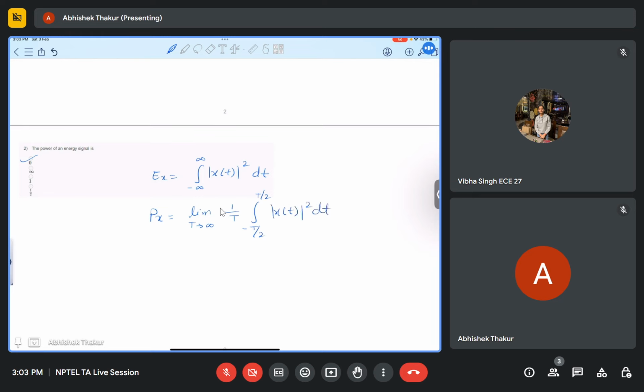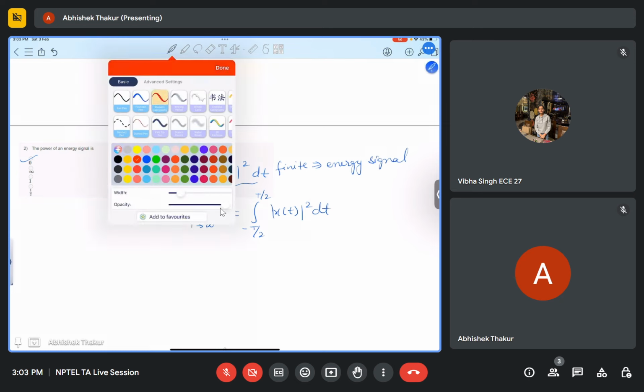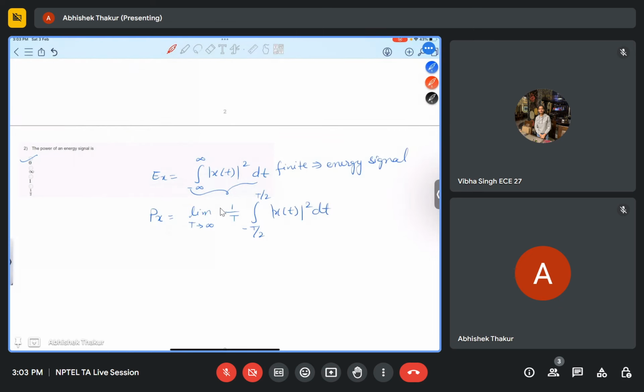So if the energy part is finite, then this is known as the energy signal. Now when you divide by 1 by T here in the energy signal and T is tending to infinity, the power of the energy signal will become 0, because some finite quantity divided by an infinite quantity will be 0. So for this question, option A is correct.